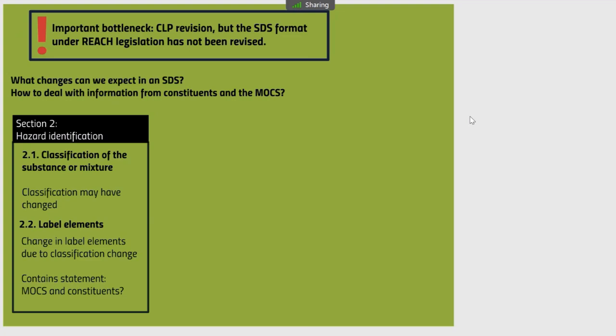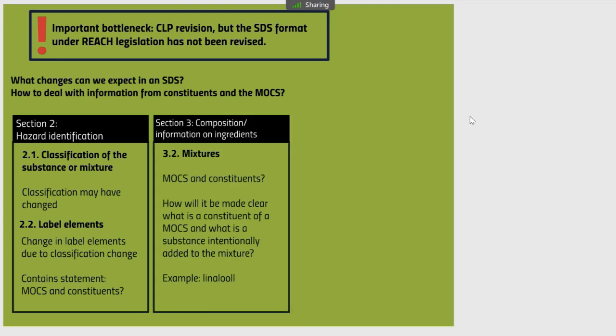We are sure that the MOCS should be mentioned, as these are the substances that are present in the mixture. However, the constituents are a part of the MOCS. So is it then still mandatory to also mention the constituents in the contained sentence if that contributes to the classification of the mixture?